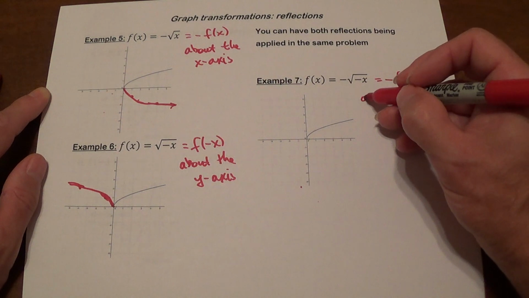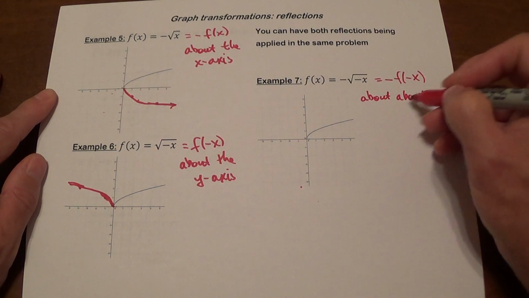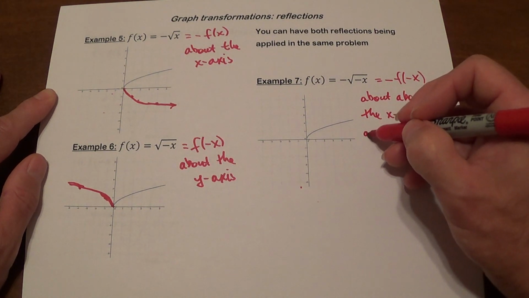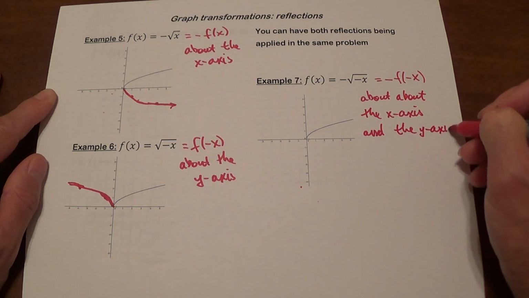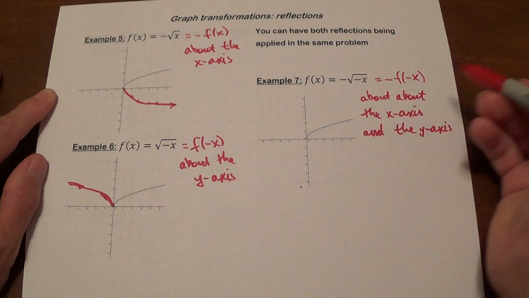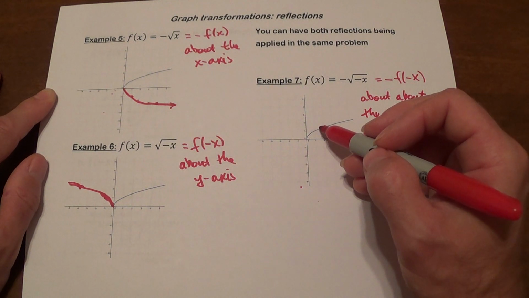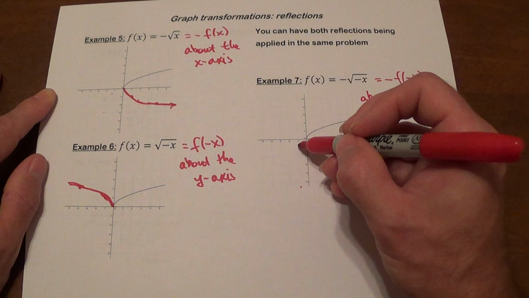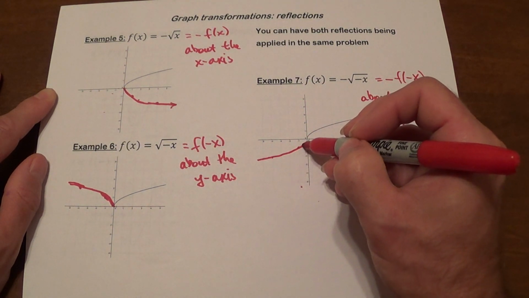So it's both about the x-axis and the y-axis. The proper order is first you reflect it about the y-axis, over here, and then you reflect it again. So the resulting graph is going to be this one.